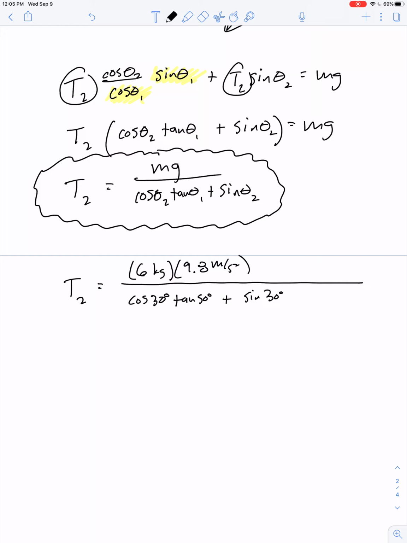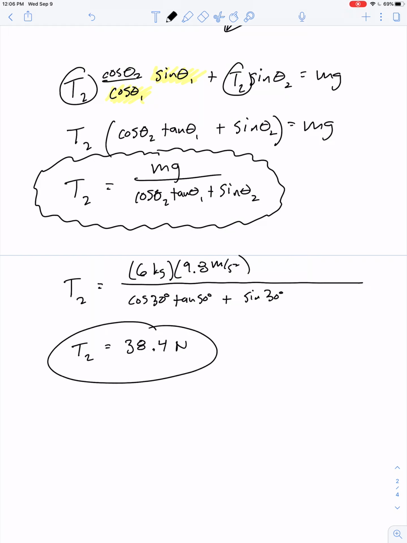All right, well, grab a calculator and see what we get. Okay, so if my calculator is not broken yet, I believe the tension in string number 2 is equal to 38.4 newtons.